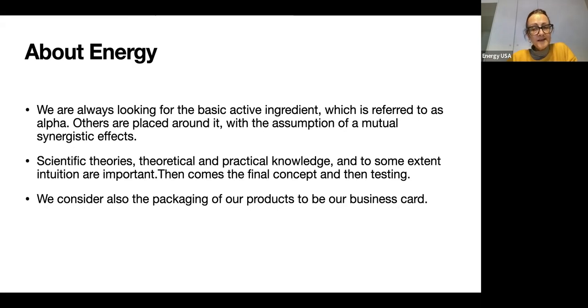That's the base ingredient of the product. Other ingredients are placed around it with the assumption of mutual synergistic effects. One of the herbs is the main, and the other herbs are put around it, and they work together synergistically and increase the effects.